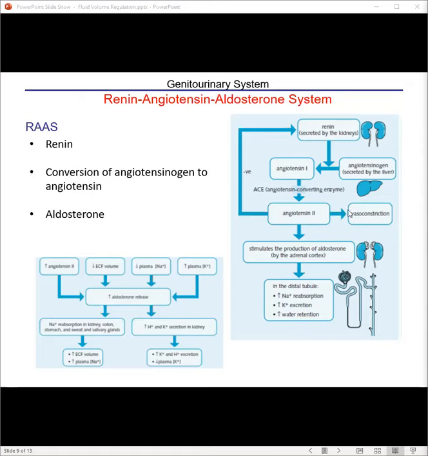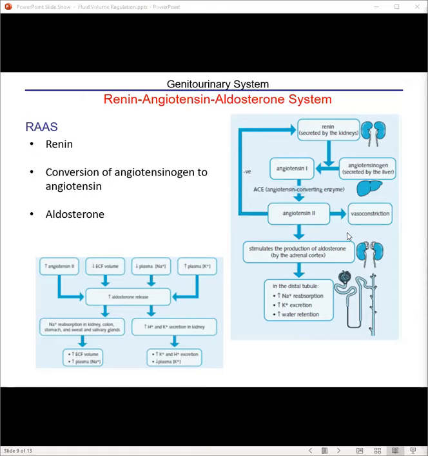So your angiotensin 2 will directly vasoconstrict your arterioles within the kidney. And the effect of vasoconstriction is more pronounced, no? More pronounced in your efferent arteriole. So yung mas nakoconstrict ay yung efferent arteriole versus your afferent.